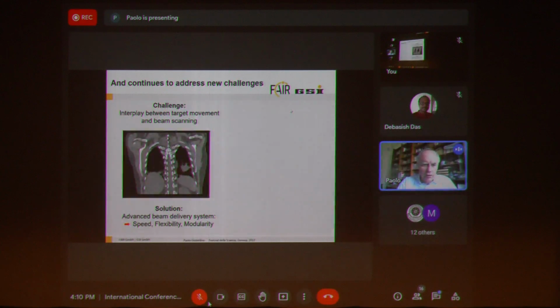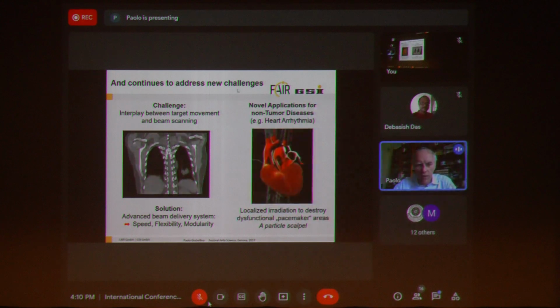And this is a continuously developing field. Some of the challenges now are moving organs, or the use of this as a remote scalpel that you can use in other fields. At some point, we developed a tool that allows us to destroy cells in a well-defined position inside the body without opening it.